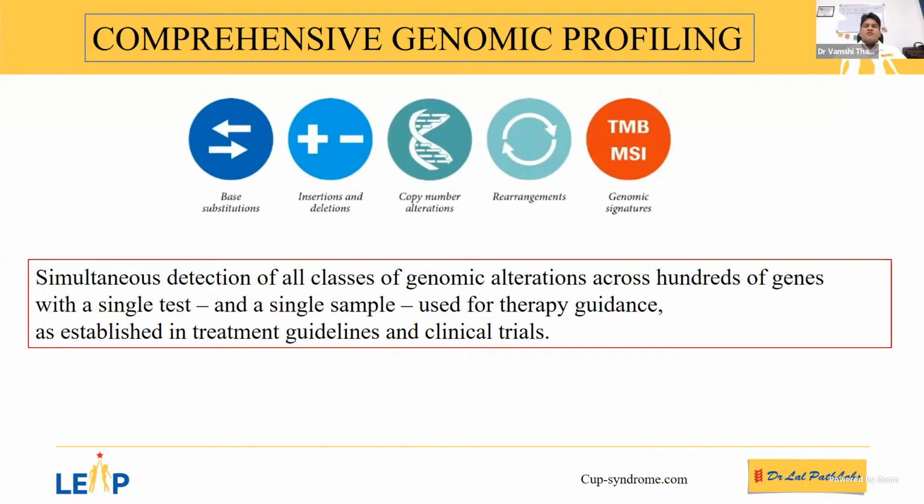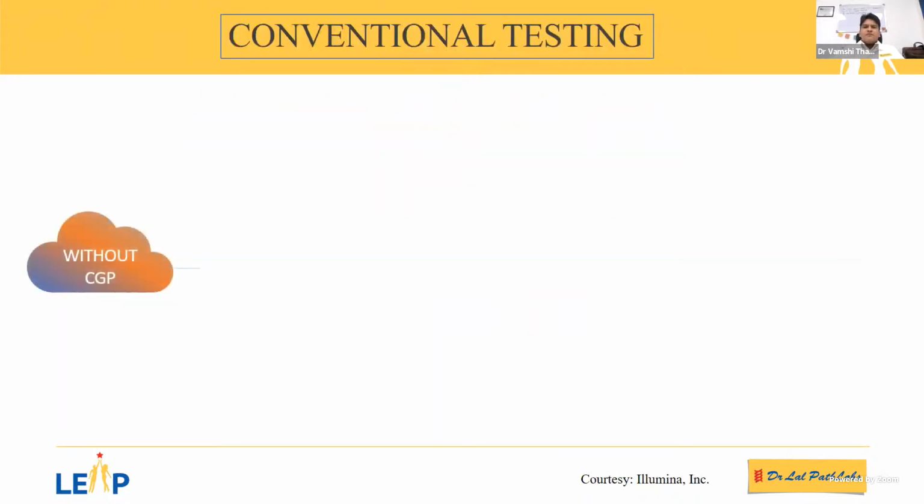A comprehensive genomic profiling, where you want to look at SNPs, small indels, including your MET exon 14 skipping mutation, copy number alterations in the form of HER2 or MET, or any rearrangements in the form of gene fusions, and any tumor agnostic genomic signatures like TMB and MSI, is better, especially for carcinoma of unknown primary.